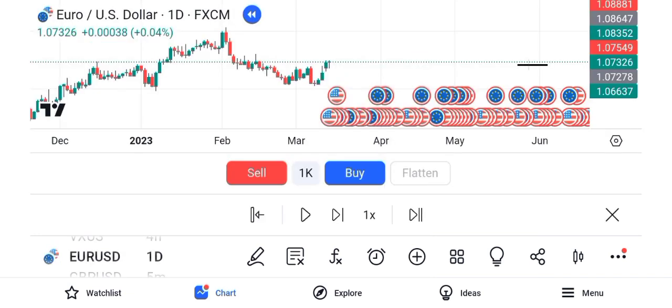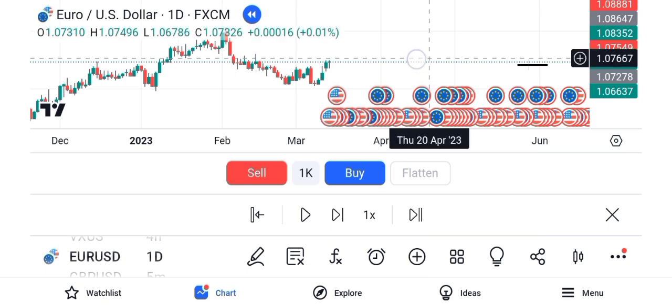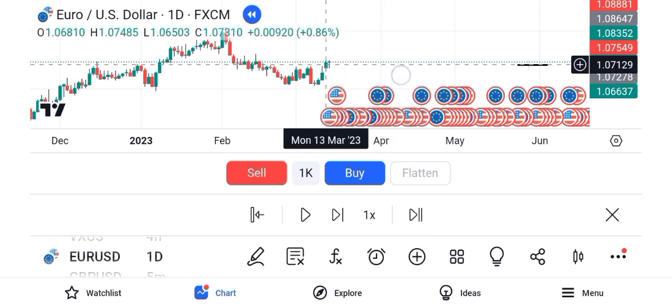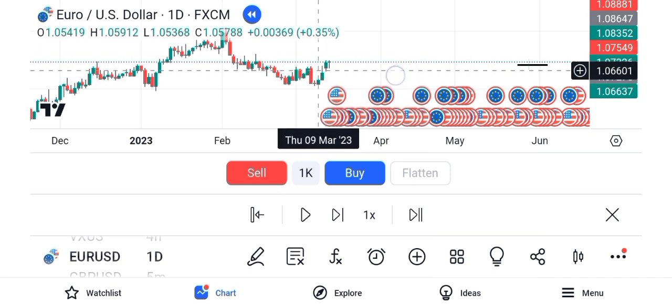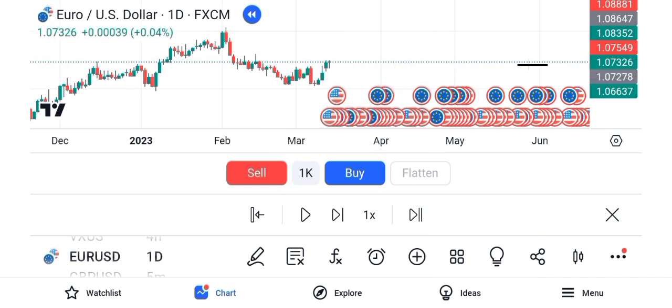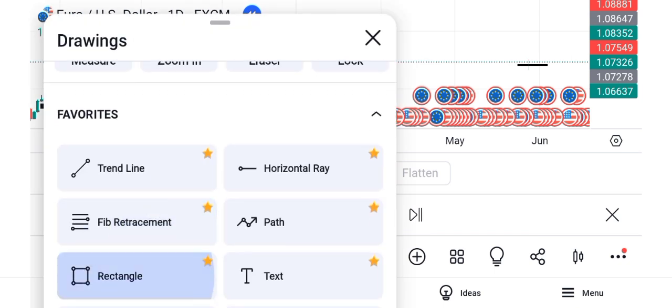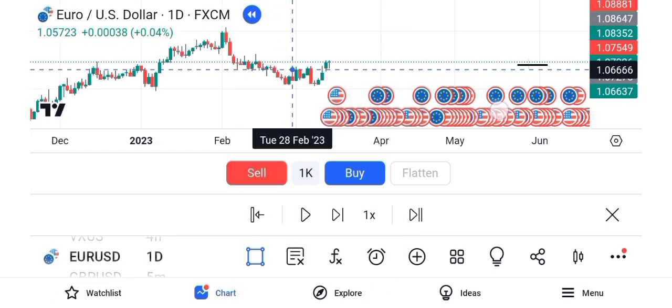Very simple. Now guys, we take a look at a simple example here, and in this example I'll be playing the charts for you guys to look at. If you look at this current trend, you notice that the market is kind of in an uptrend. Since it is in an uptrend, we take our rectangle tool, because we are looking for buying opportunities.